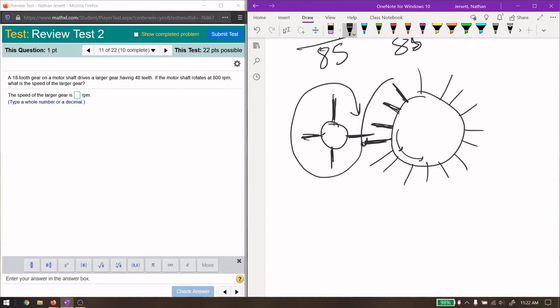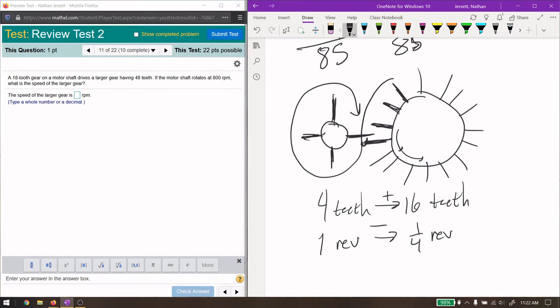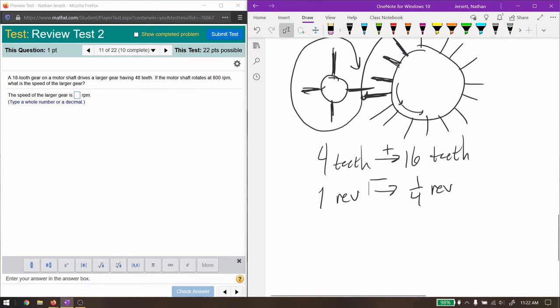Here we went from 4 teeth to 16 teeth, so this rate was an increase. Here we went from 1 revolution to a quarter of a revolution, and that was a decrease of speed. So the bigger the gear, by that I mean the more teeth, the lower the revolution. So this is an inverse variation.